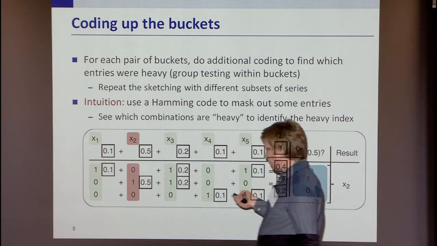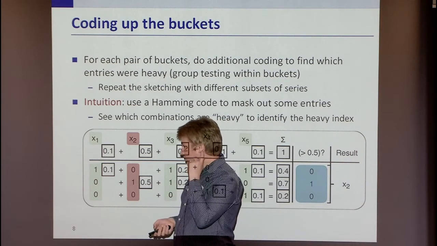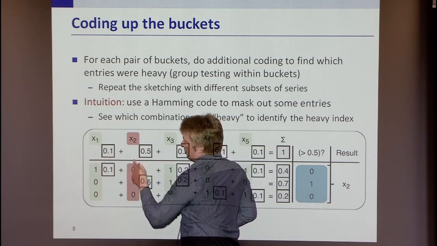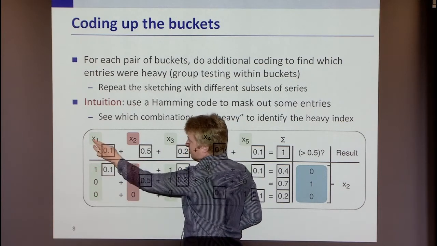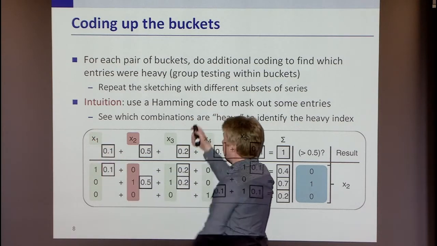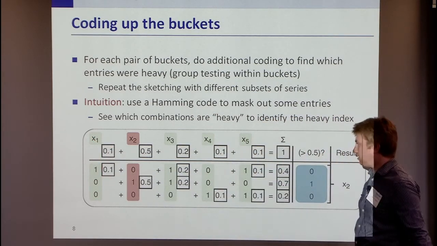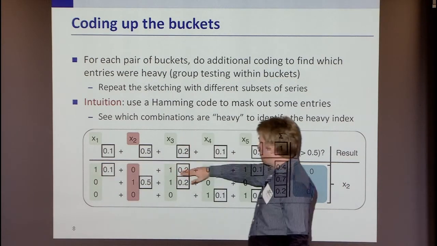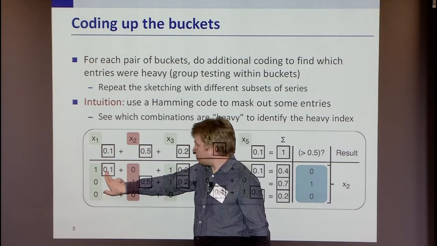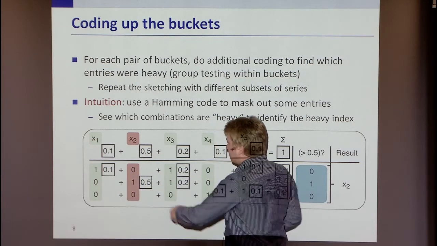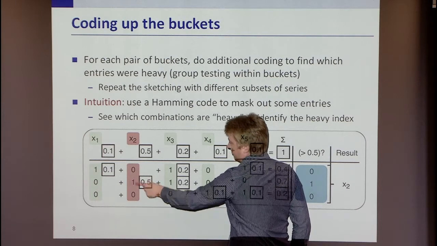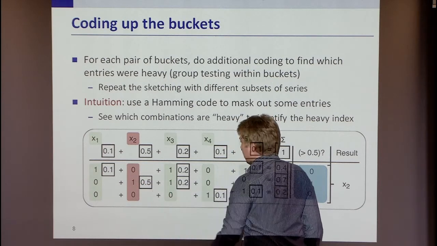The way I might use a code is to look at the binary representation of each index. That's basically what the Hamming code is saying. So element 001 means that in the first row I'll include the contribution of element 1, but not in the second and third row. x2 has a 1 in bit position 2, so I'll include it in the second row but not in the first and the last row, and so on.